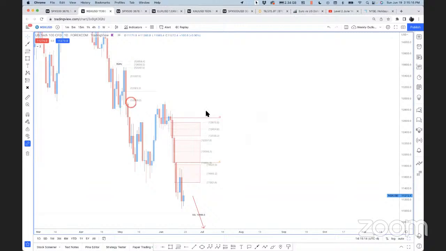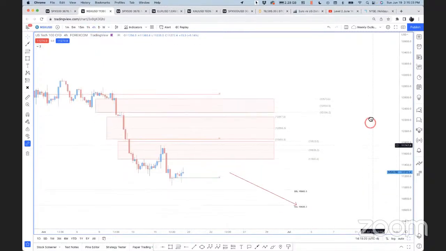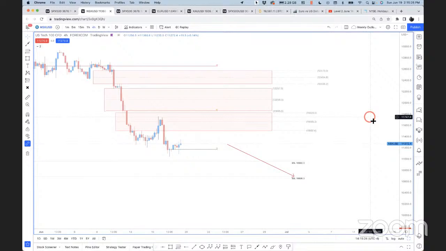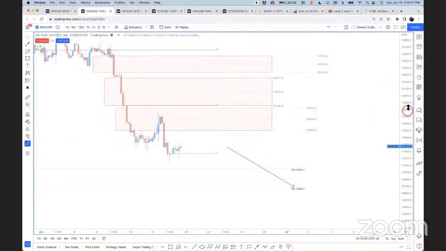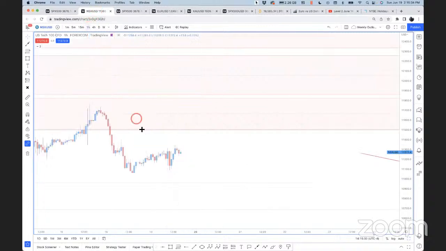So for a short buy on NAS to the upside, we don't have any on the 4 hour. For a buy, no, not on the 4 hour. What about on the 1 hour? Nothing on the 1 hour.